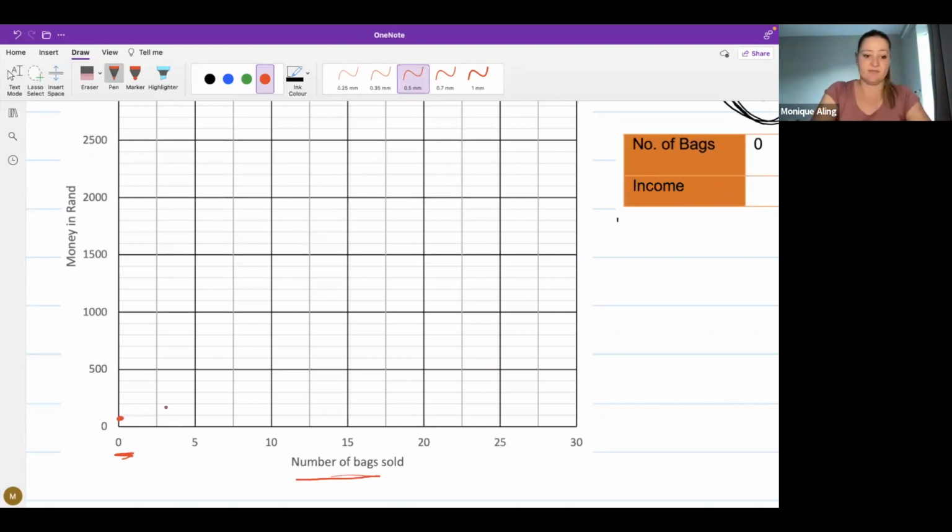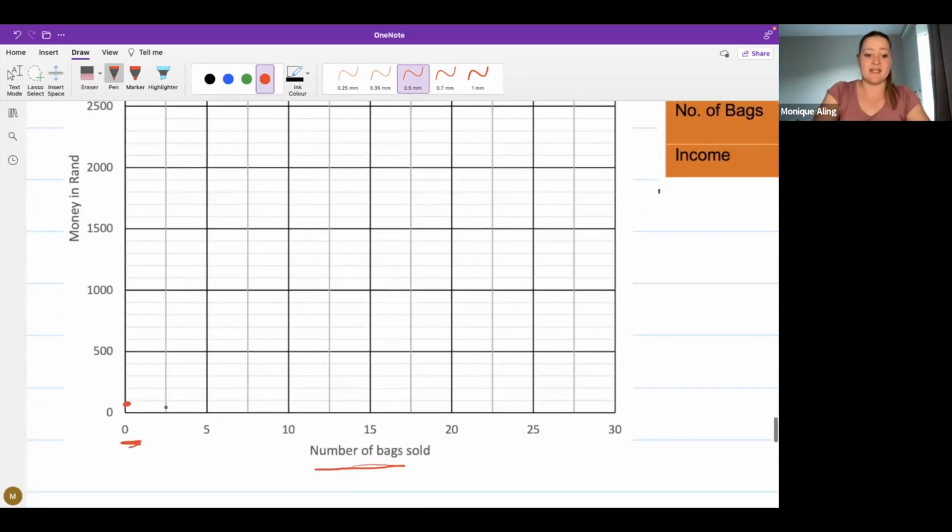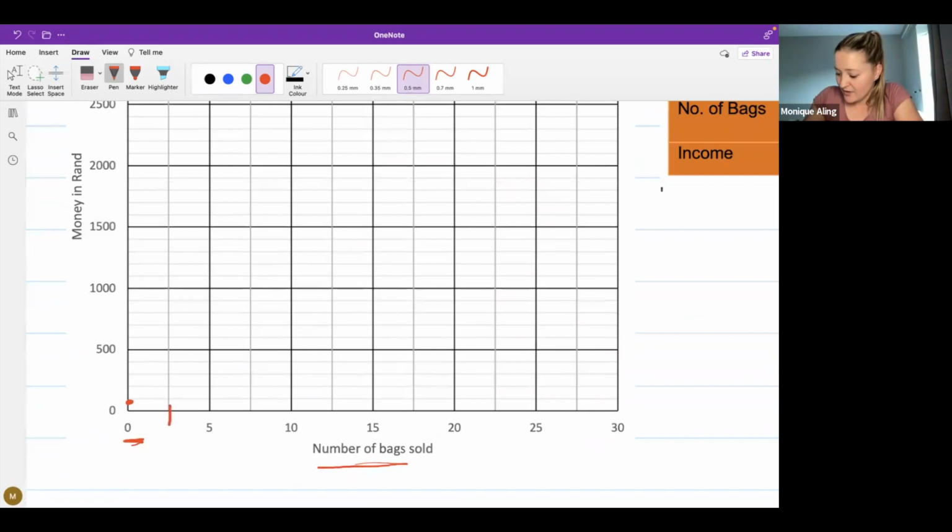Okay, so this was a mean graph. We know that this point is going to be 2,5, so 1 must roughly be here, and 155 will be in between these two lines. Okay, is everyone following with the graph so far?